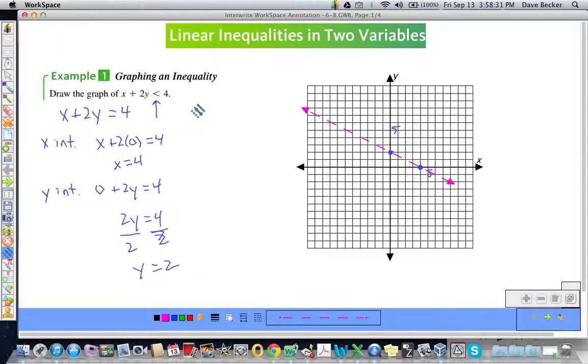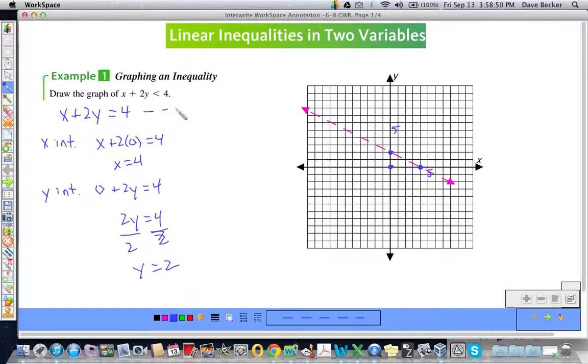Now this is an inequality, so we've got to test it out. We don't know if all of those ordered pairs are going to be on this side or this side. So we pick a test point. If I can pick 0, 0, I'm going to use that every single time.